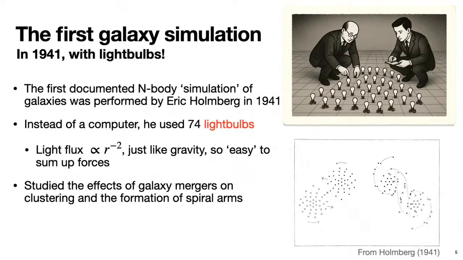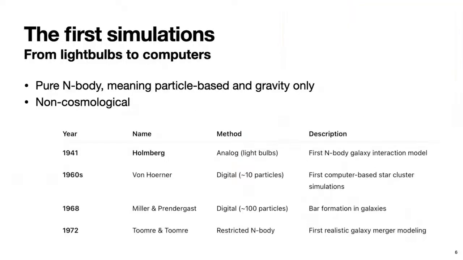Okay. Then people started using computers, indeed in the 60s, so very good guess. First, it was pure n-body, and it was non-cosmological, so it was more galaxy mergers like these, just with more and more particles.